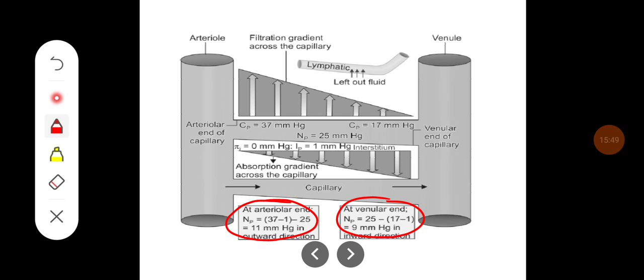The capillary pressure at the arterial end is 37 mmHg, and the same hydrostatic pressure is less, that is 17 mmHg at the venular end. So that is why the fluid flows out towards the interstitium at the arterial end, and the tissue fluid flows towards the capillary at the venular end.